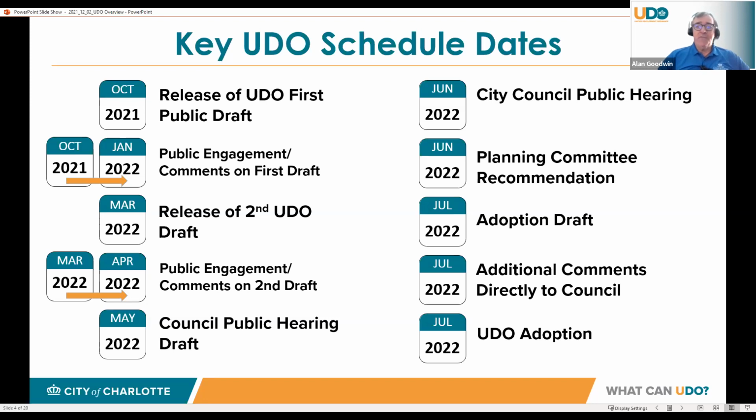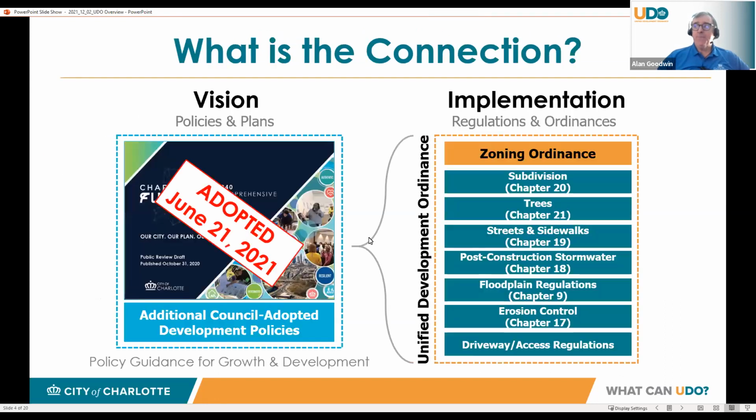We will develop a final, hopefully final adoption draft of the UDO, which is the final version that will be voted on by City Council. That version may even be adjusted. And then you'll be able to make comments to the City Council at that point, and City Council will ultimately vote on whether to approve the UDO or not. That is currently scheduled for July. So that's what our schedule looks like today.